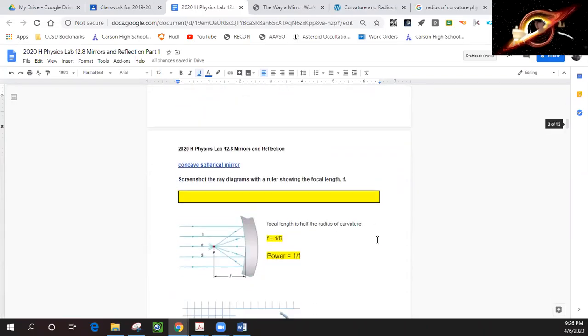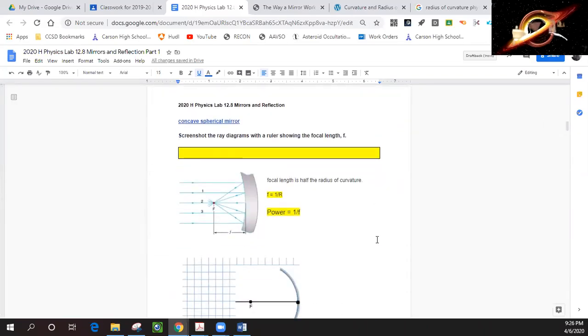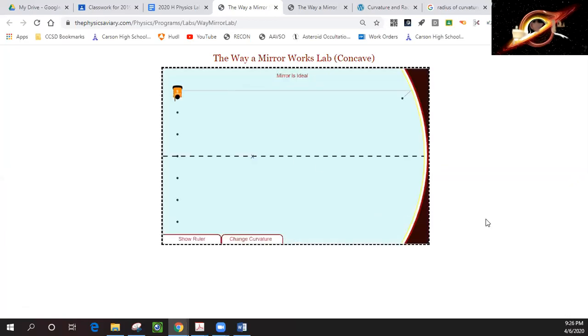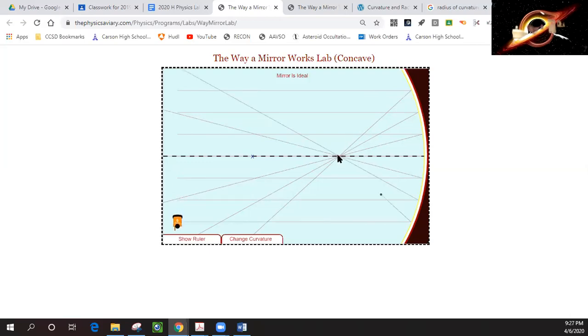All right, now we're going to come down here and talk a little bit about concave mirrors. Let's take a look at this and see what we got. You're going to do this too. We're going to click on begin, and here we have an ideal concave mirror, and we can see that the incident rays are coming in parallel. They hit the mirror and they bounce to a point, like right here.